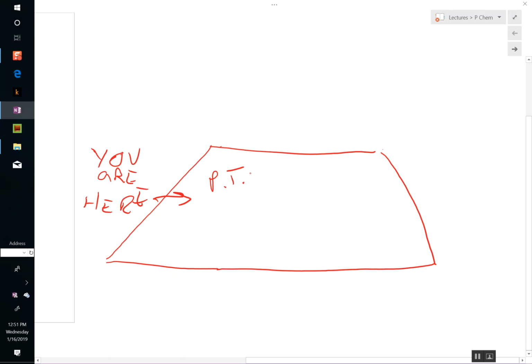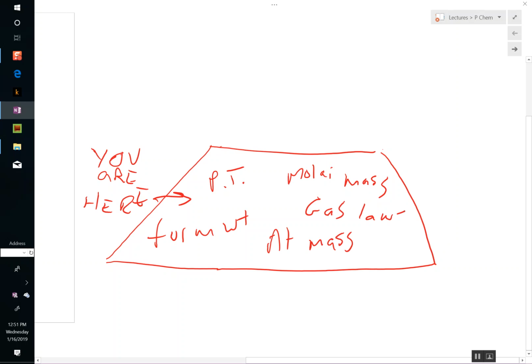Periodic table, molar mass, formula weight, atomic mass, gas laws, math. In other words, that's what you brought here. And you're going here. Okay? That's where you're going.